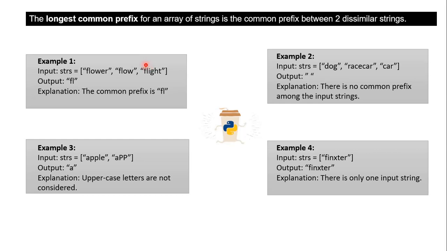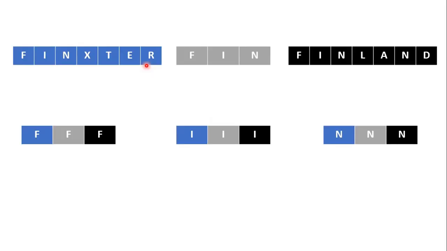Hence, the first two characters are the longest common prefix string. So that is exactly what happens in this case as well. We simply go ahead and convert all these tuples into a set, and then we say that all the characters present in the set form the longest common prefix.